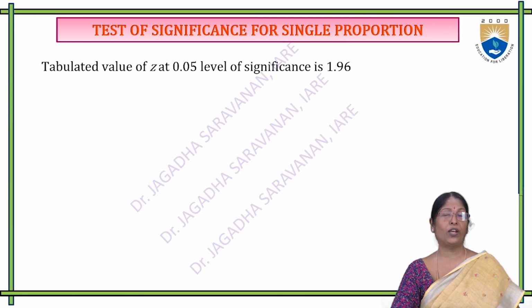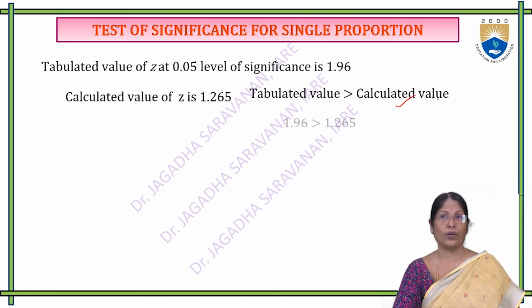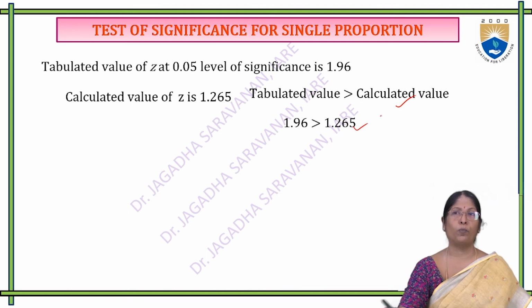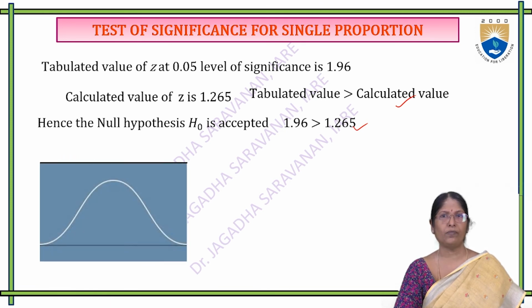So the tabulated value of z at 0.05 level of significance is 1.96. Calculated value is 1.265. The tabulated value is greater than the calculated value: 1.96 is greater than 1.265. The null hypothesis, what is defined, we have to accept it.